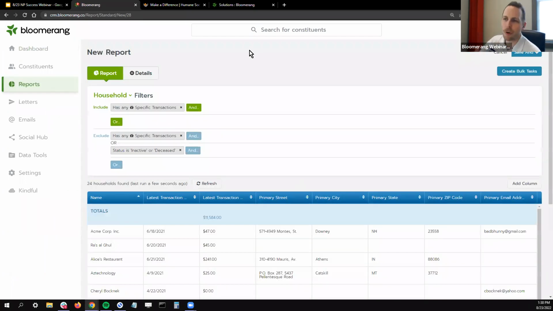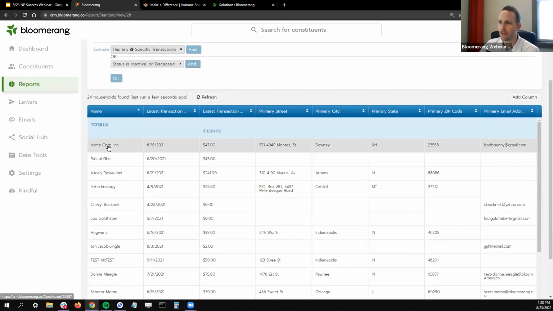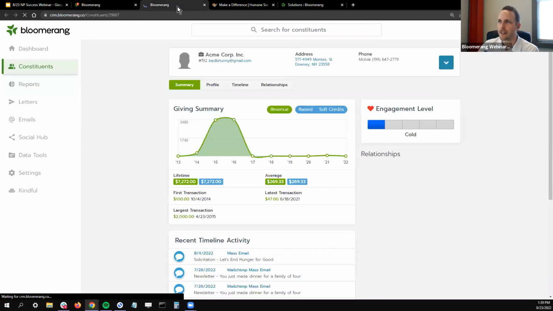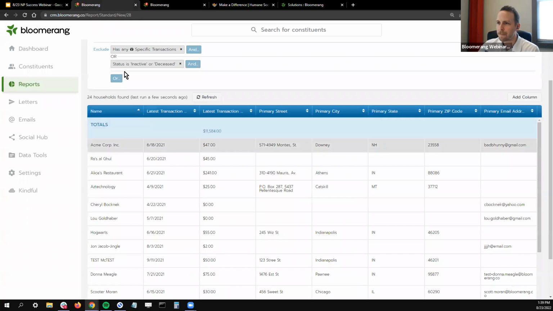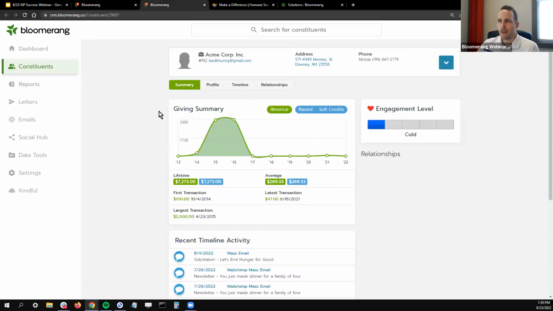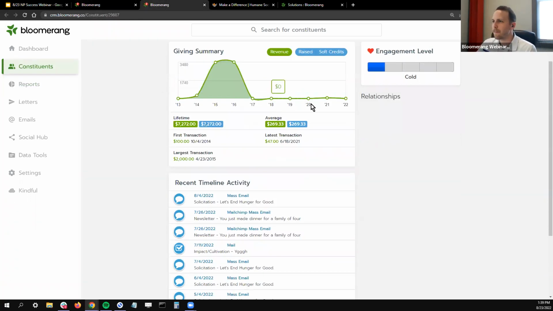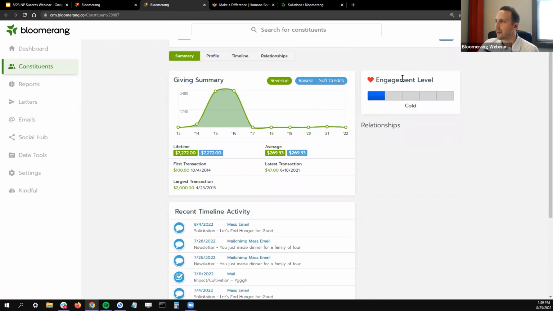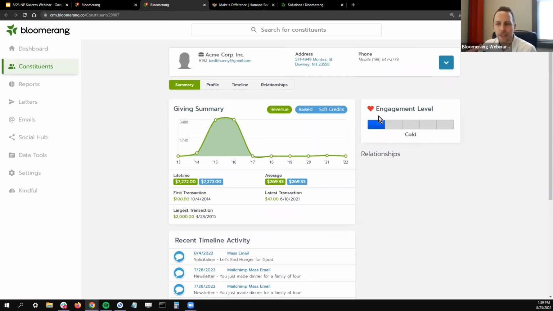And now I'm going to pull up a report so I can see a whole list of all my lapsed households in my database. And if I wanted to, I can click through each of these and see their giving profile. So for example, for Acme, what's really neat about their constituent profiles is you can see a giving summary right away, and they have an engagement level here. So this is how engaged are they?